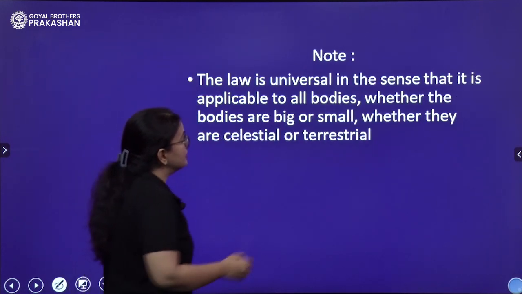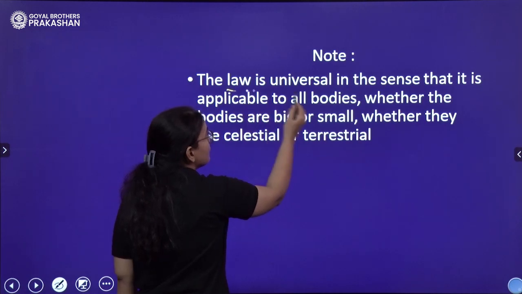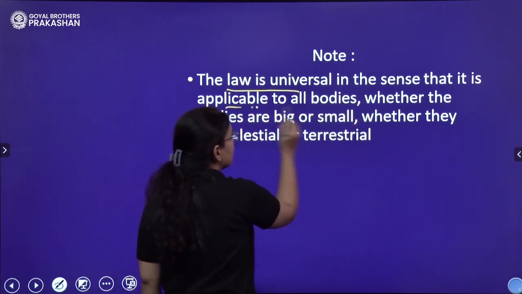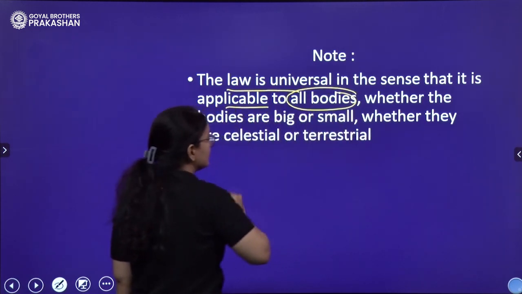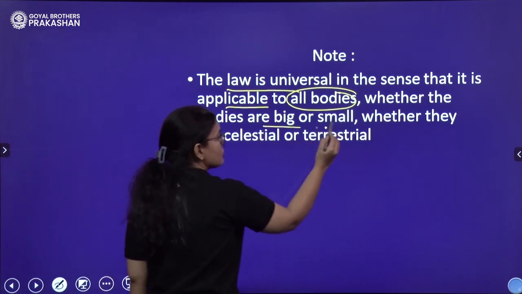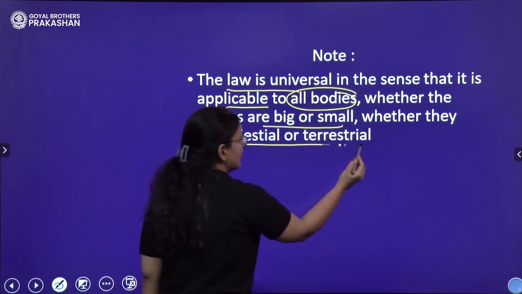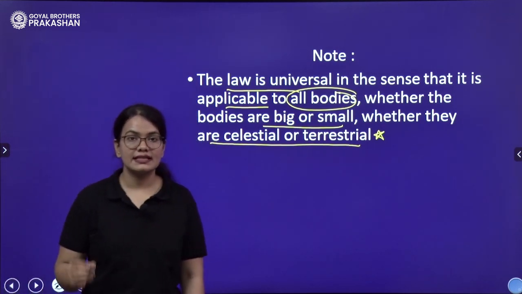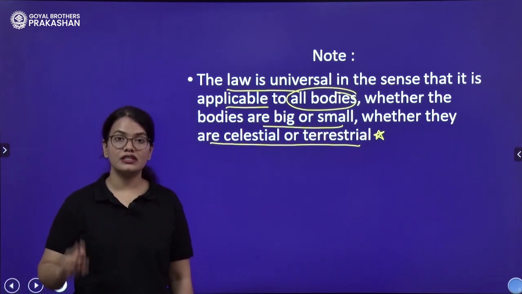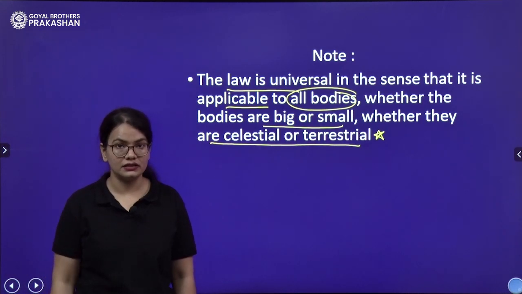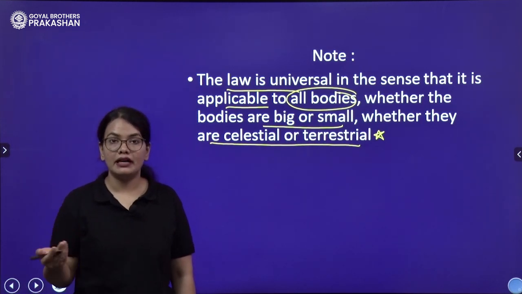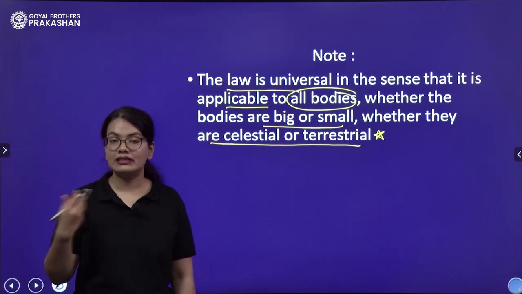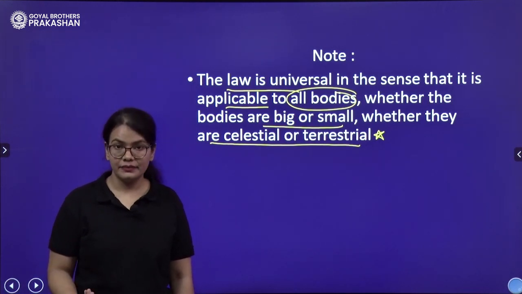Next, the universal law. The law is universal in the sense that it is applicable to all the bodies that we have discussed, whether the bodies are big or small, whether they are celestial or terrestrial. See, celestial body means those bodies which are beyond our planet Earth, right? For example, Mars, Jupiter, Sun, all these planets, satellites, right?